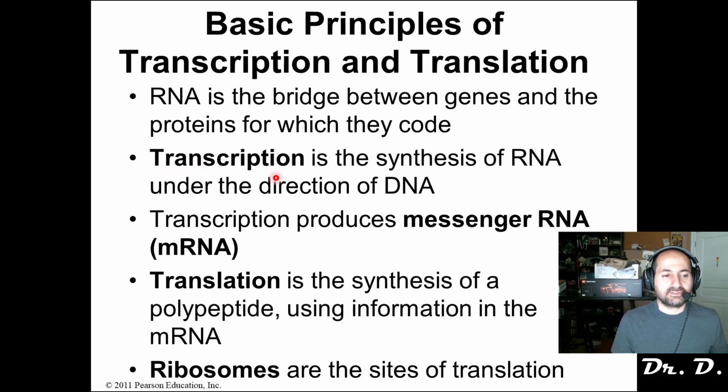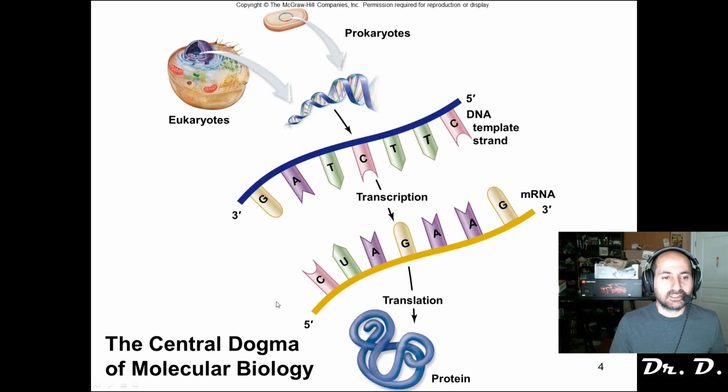Okay, so transcription again. Transcription is the process that produces the messenger RNA or mRNA. And then translation is the synthesis of a polypeptide. Remember, that means a protein from that mRNA message. Ribosomes are responsible for translation. So here it is. It doesn't matter if we're talking about prokaryotes. It doesn't matter if we're talking about eukaryotes. They both have genes that they carry on their chromosomes, and those genes are composed of nucleotides.